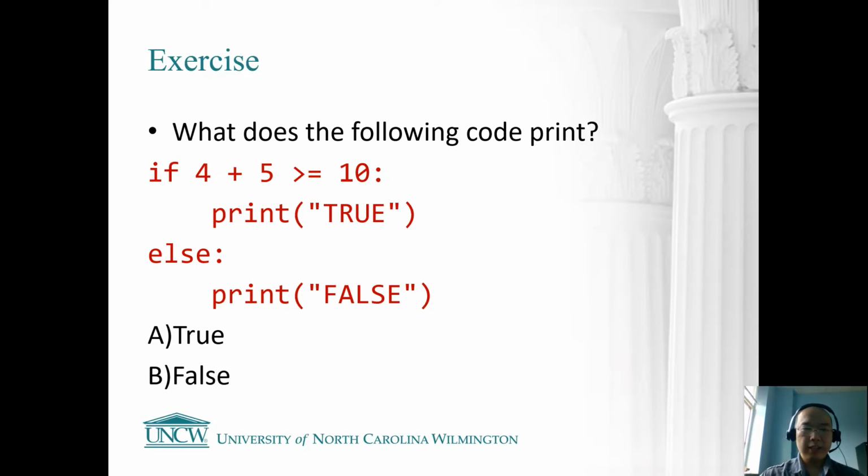So in this case, which are we going to handle first, the addition or the comparison? Addition, because that is an arithmetic operator. And then 4 plus 5 will give you 9, and 9 greater or equal to 10 will give you false. Since the condition is false, we are going to go to the else branch, and the else branch will print false. So eventually we will get false, right?